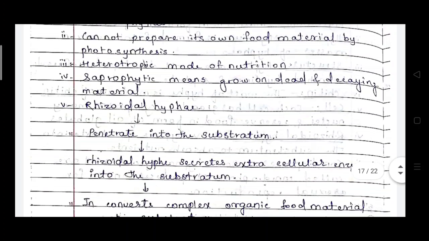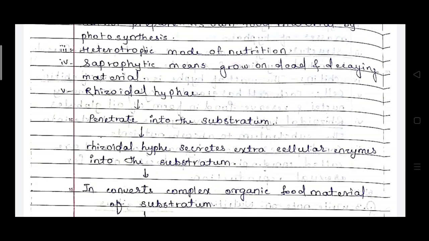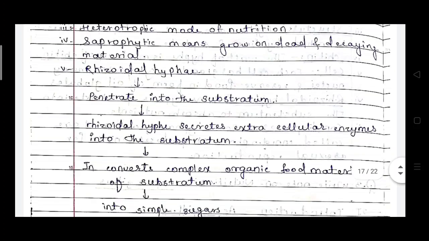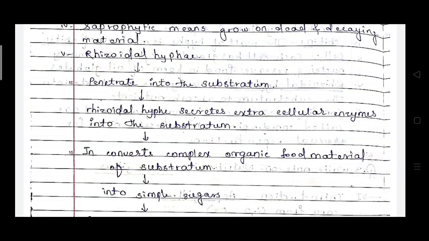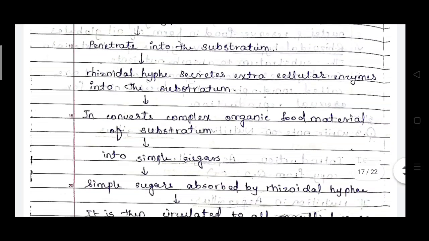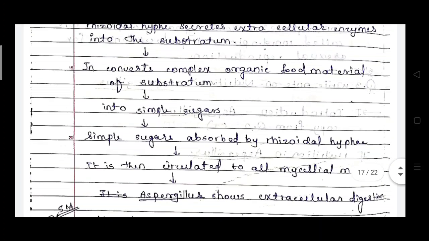These rhizoidal hyphae penetrate into the substratum and secrete some enzymes into the substratum. That's why they convert the complex organic food material into simple sugar, and these simple sugars are absorbed by the rhizoidal hyphae, and they circulate these sugars to all the mycelial mass.